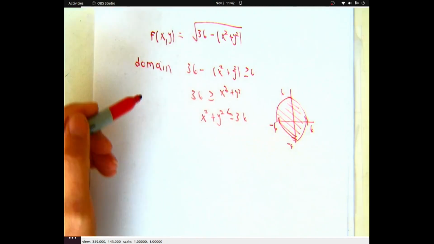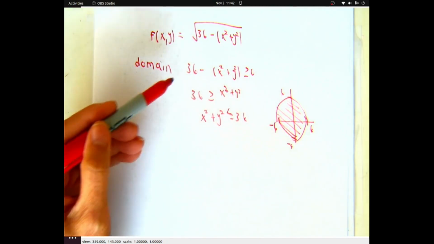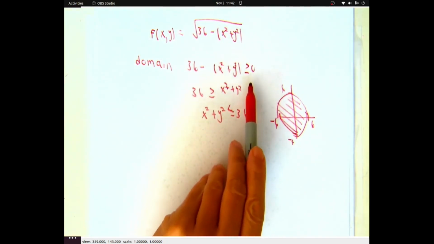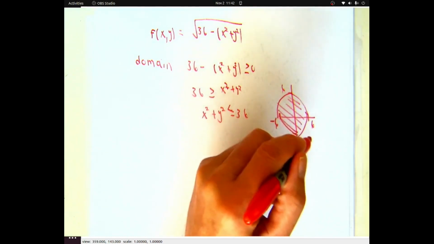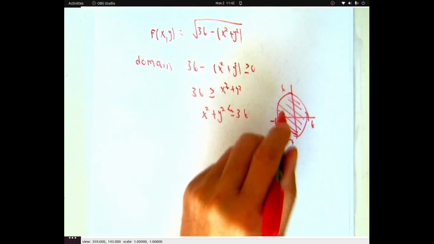So the domain is the set of all points (x, y) that obey this inequality, which if you rearrange, would be a disk centered at the origin, radius 6, including the boundary and everything inside.